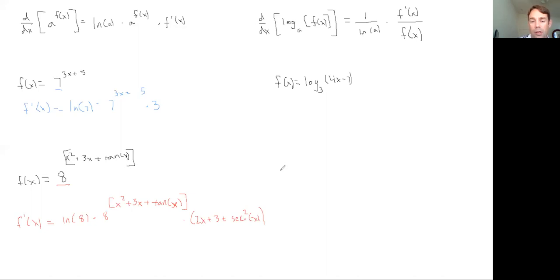And let's try f of x equals log base 5 of the cube root of 2x plus 1. All right, friends, why don't you go ahead and pause the video. Let's see what you come up with.